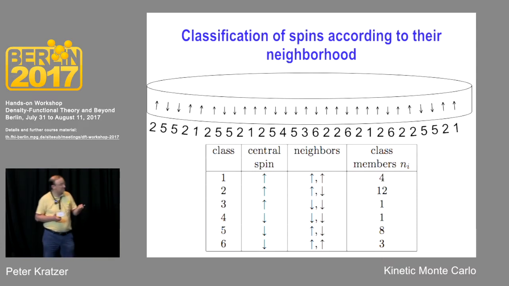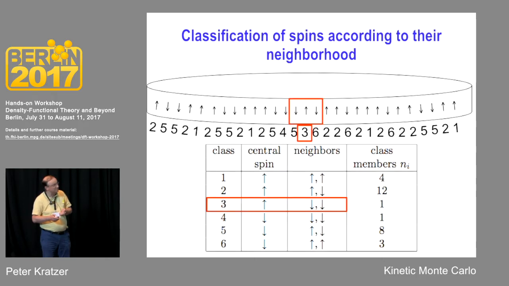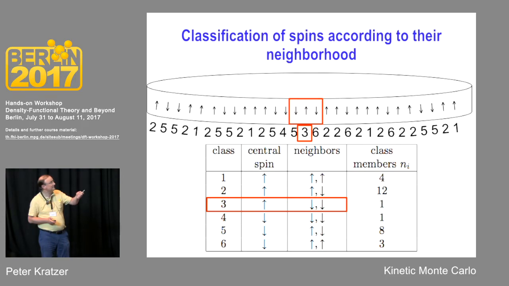For example, if you have a spin system here, you have many spins, and the energy of the spins depends on the neighboring spins. So for example, you could say this is configuration number 3, and 3 is characterized by this middle spin pointing up, and then the left and right spin pointing down. And this configuration 3 occurs just once here.